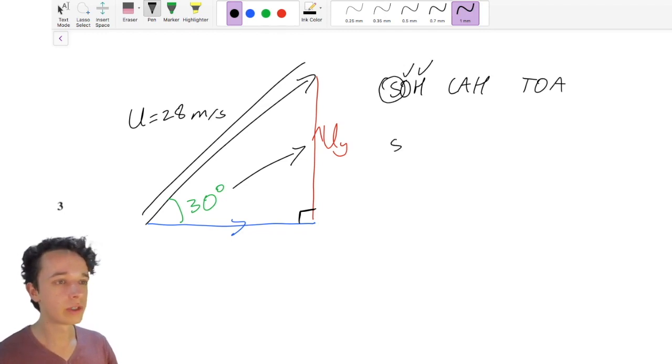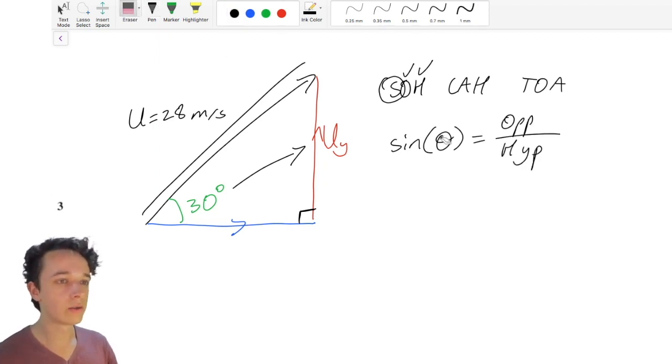So we know that sine of a particular angle theta is equal to opposite over hypotenuse. In this case, the angle is 30 degrees, the opposite is uy, and the hypotenuse is 28.